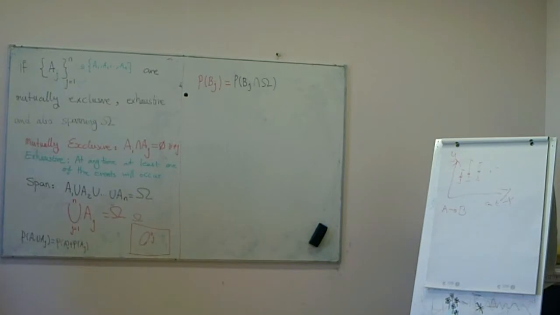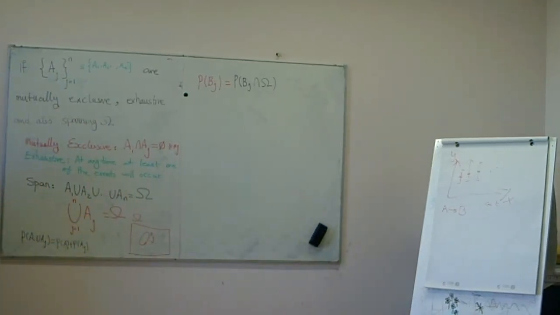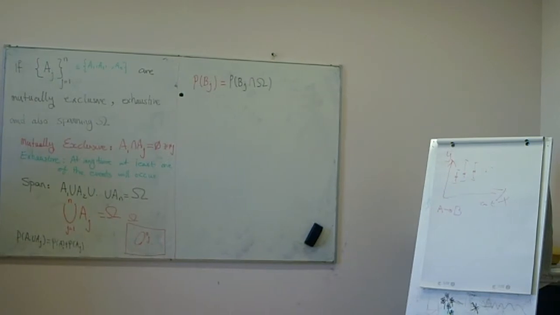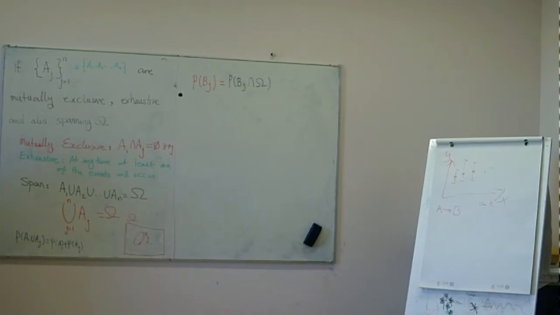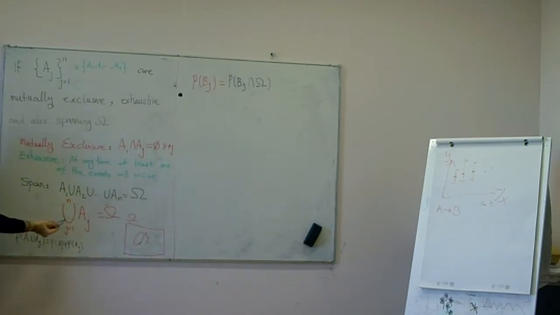Right? Now, what is omega? Yes. It is the union of all the A_j's, because the A's are spanning.